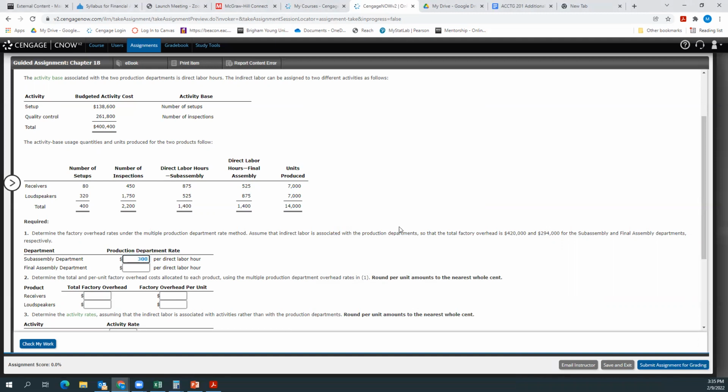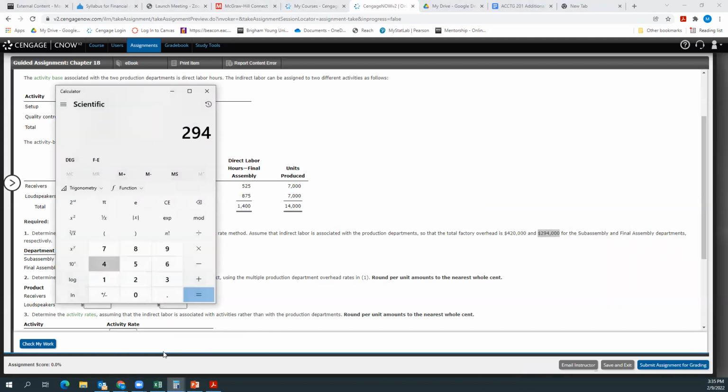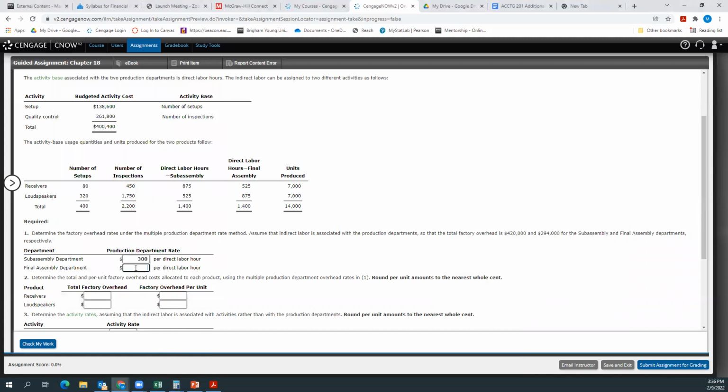We'll do the same thing for the final assembly department where it's 294,000 in overhead. So I'll take 294,000 and divide that by 1,400 direct labor hours, or $210 per direct labor hour. All right, so there's our department rate when we base it on these overhead costs that are given to us here and the direct labor hours for each department that are given here.